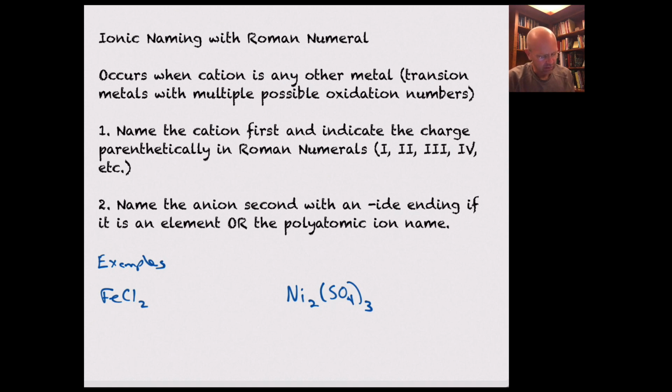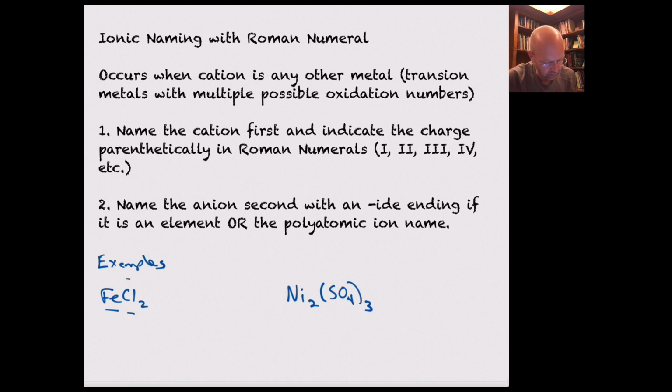So in this example, we see that we have 2 elements, so it's a binary compound. We have iron and we have chlorine as the 2 elements. We know that chlorine is going to be listed second, so it's a chloride, and each chloride has a -1 charge.